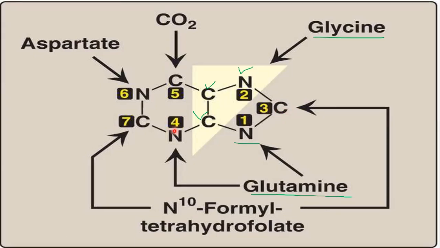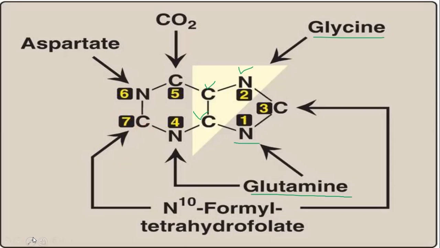Then the fourth atom to be added comes also from glutamine. The fifth comes from the carbon dioxide. The sixth to be added comes from aspartate, and the last to be added comes also from N10 formyl tetrahydrofolate.